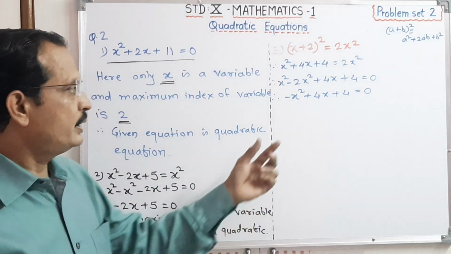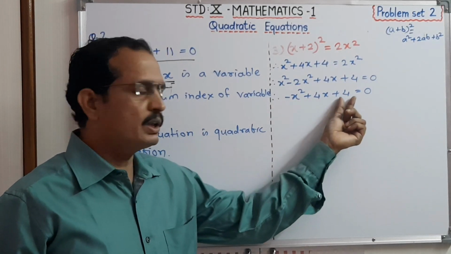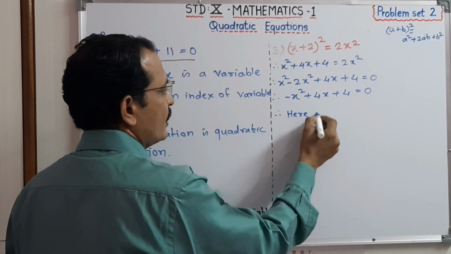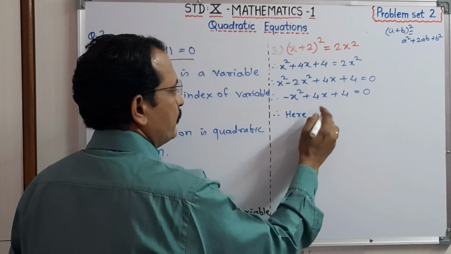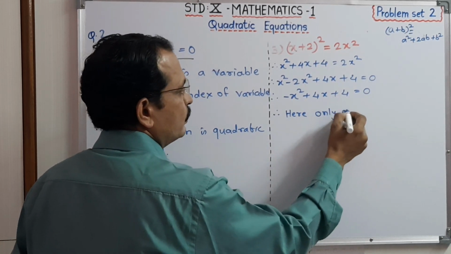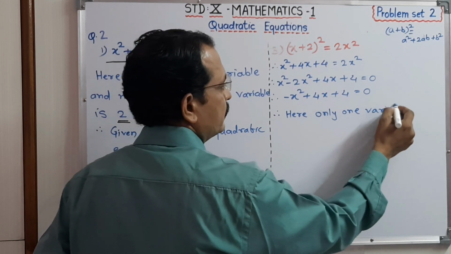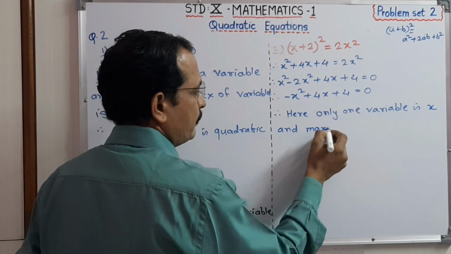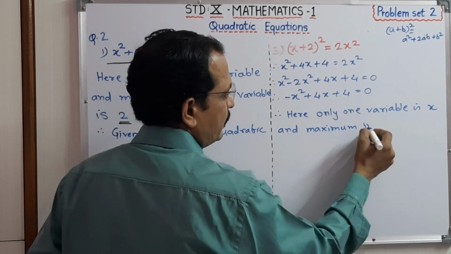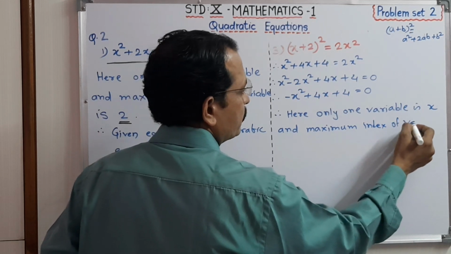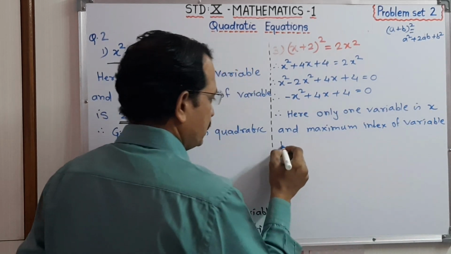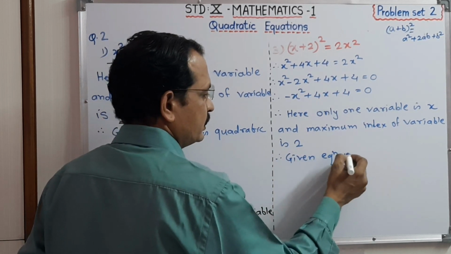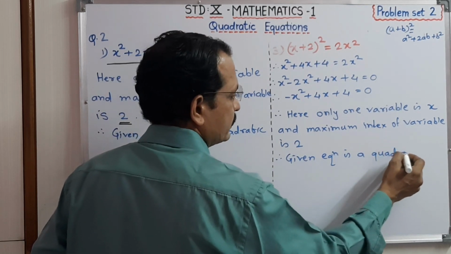Now see, ax square plus bx plus c equal to 0, and therefore we can say that here only one variable is x, and the maximum index of the variable is 2, therefore the given equation is quadratic.